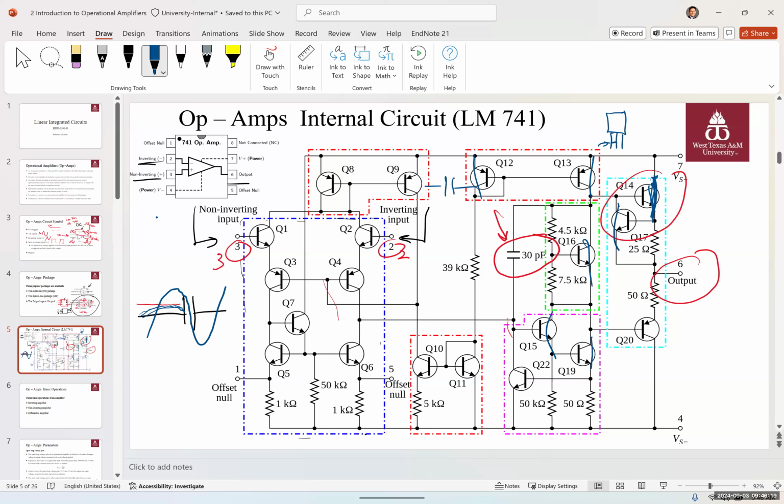And these transistors are made into different blocks. We have the Darlington amplifier, we have the difference and differential amplifier, and so on. And we also have coupling capacitors that limit their frequency response.